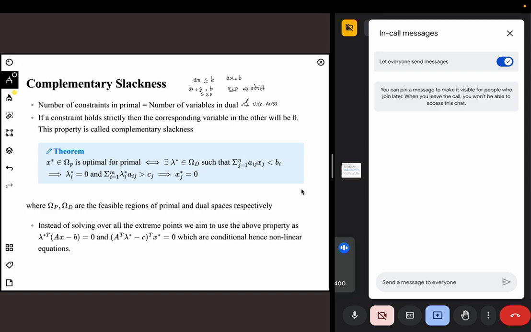So what is the meaning of a constraint being 0? If you recollect, we have two types of constraints. Either we have something like less than or equal to, or we have equal to. Whenever we have a less than or equal to, it represents a region.